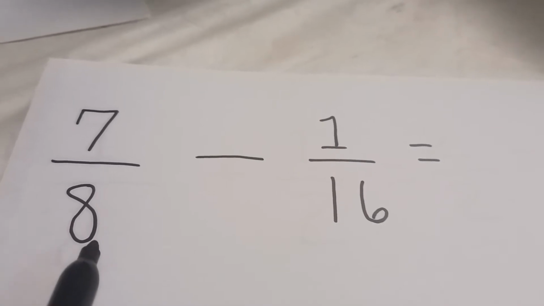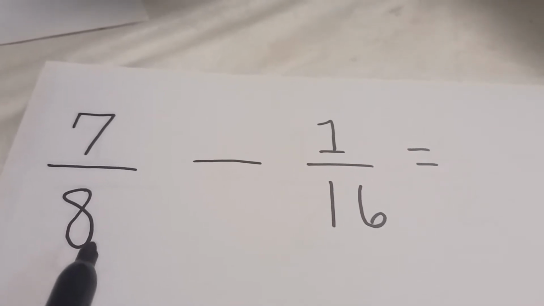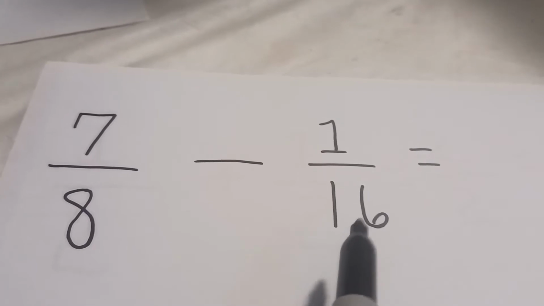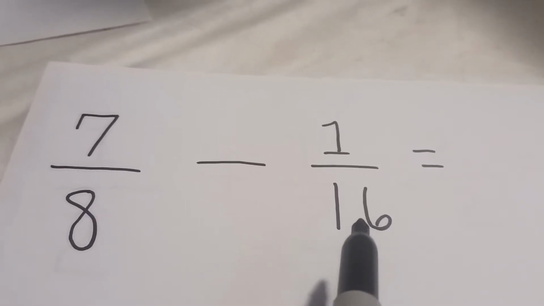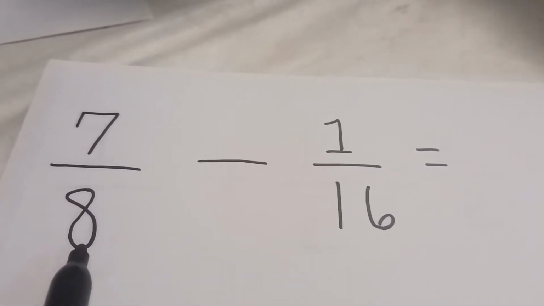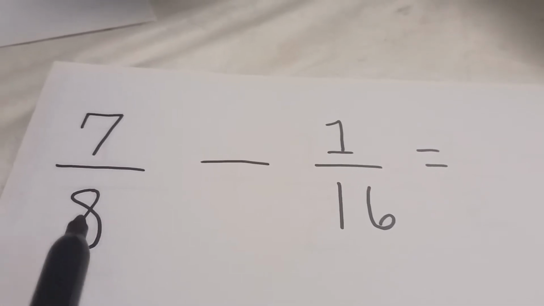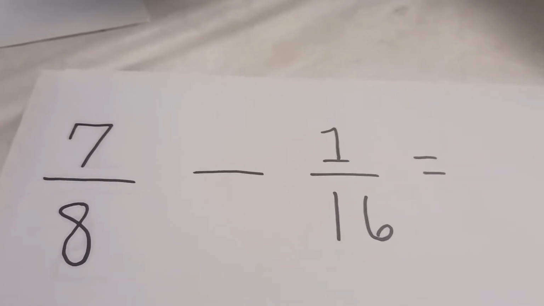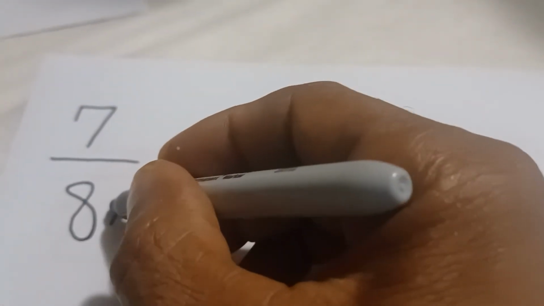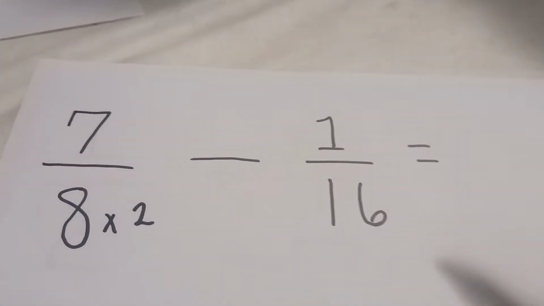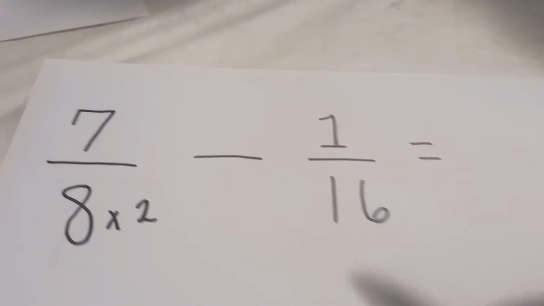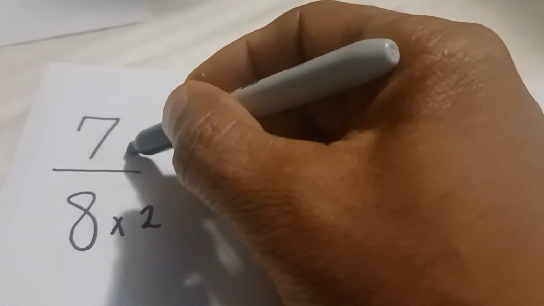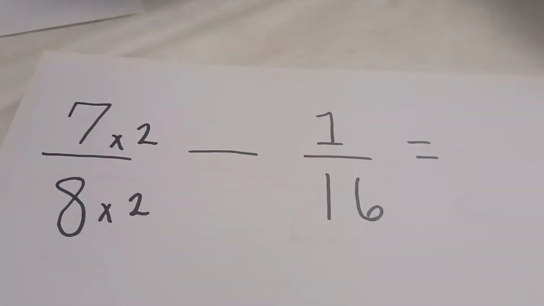So what we must do is first identify that 16 is a multiple of 8, and we can get this 8 to 16 by multiplying it by 2. What we do at the bottom, we must also do at the top, so we multiply the 7 by 2 as well.